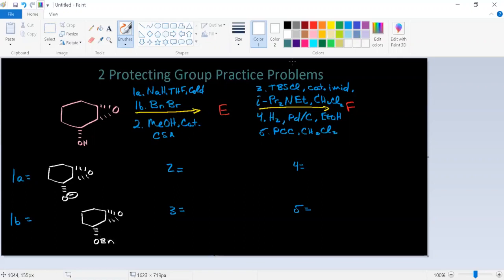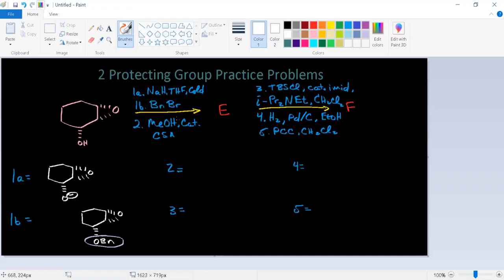And this OBn group is nice to us, because that's our first protecting group that we'll see used here. We know it's easily reversible with reduction with hydrogen and palladium on carbon. If we look ahead, we can see that in step 4 we do see those conditions, so it's a good bet that we're on the right track so far.